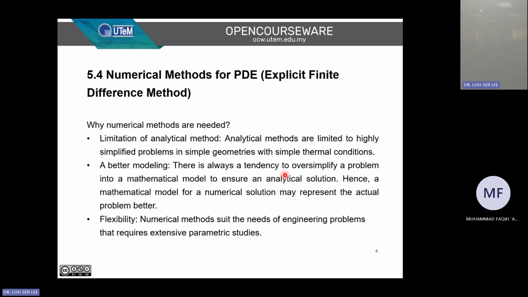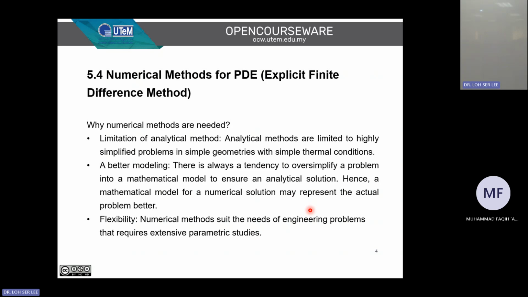If we can use the numerical methods to solve the mathematical model, then the model could represent the actual problem better, because we still simplify, but do not oversimplify the model.